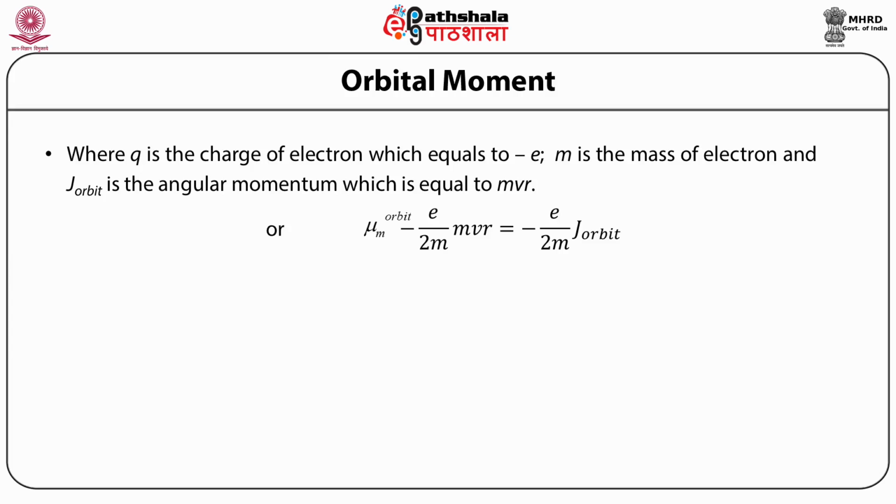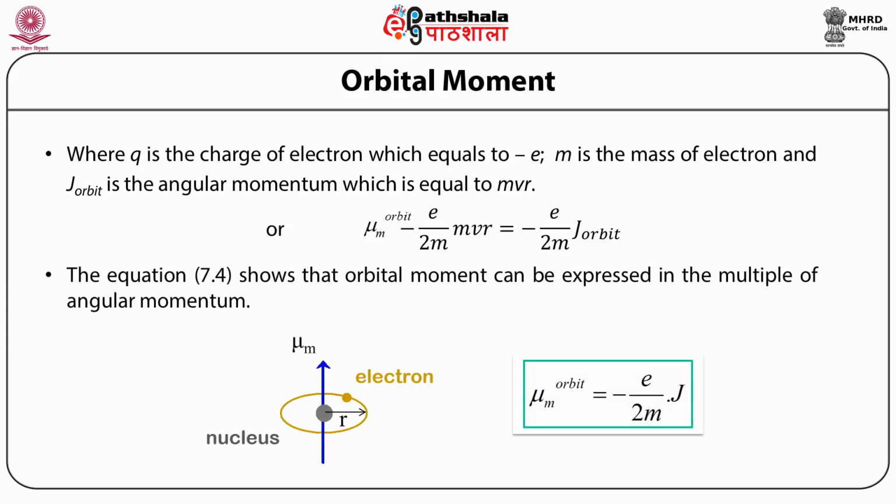Here we did the division and multiplication by m. Hence, finally, we get mu m orbit is equal to minus e by 2m multiplied by j, where j is the angular momentum of an electron and it is equal to mvr.